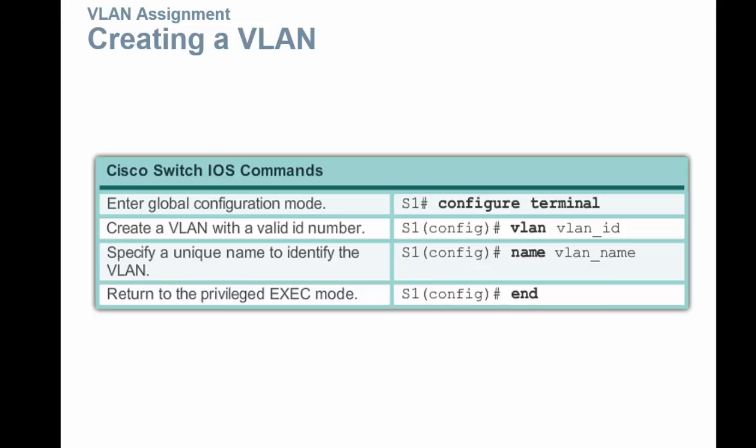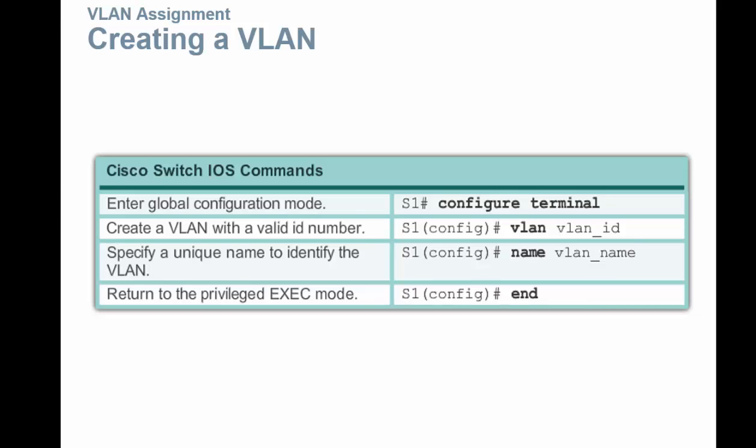You can do multiple VLANs at one time, if you need to, by separating the VLAN numbers by commas. So you can create all the VLANs at one fell swoop, which makes your life just a little bit easier as long as you can keep up with it and you have it well documented.